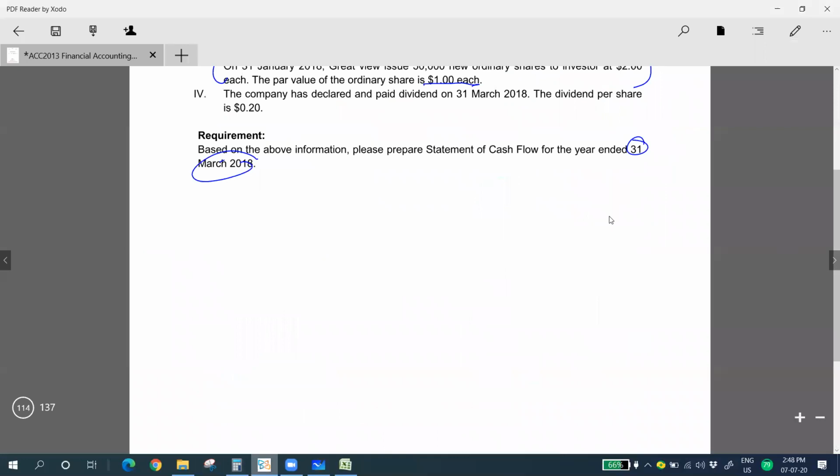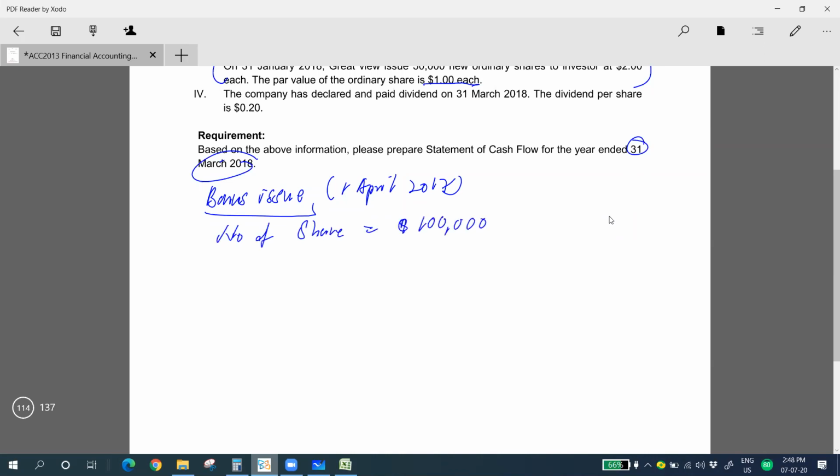So this working is for the bonus issue, on 1st April 2017. We determine the share capital we have. The number of shares equals 100,000 share capital divided by par value 1 per share. So we have 100,000 shares.